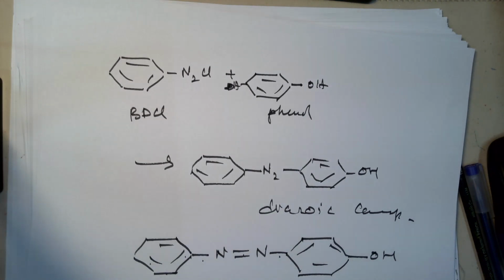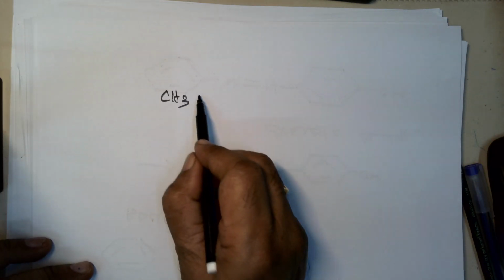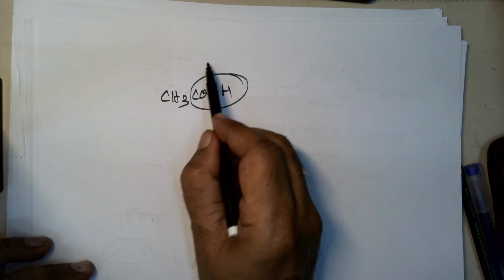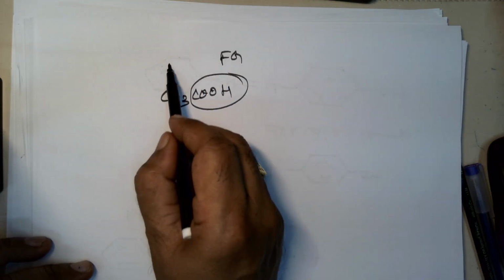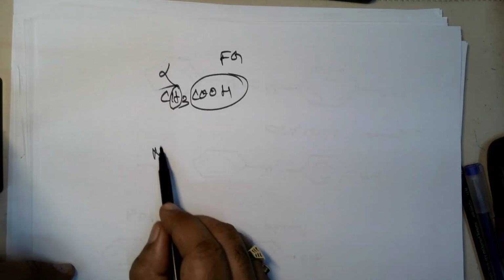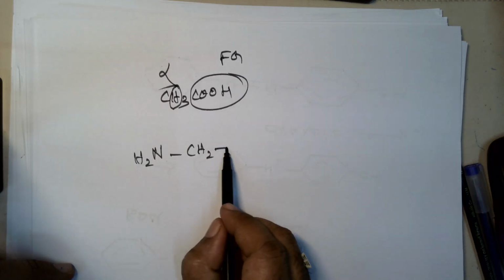Before that, you should know something about amino acids also. Take this down. This is CH3COOH, and the functional group is COOH. This is the alpha carbon atom. When the alpha hydrogen is replaced by an amino group, it is called an amino acid.